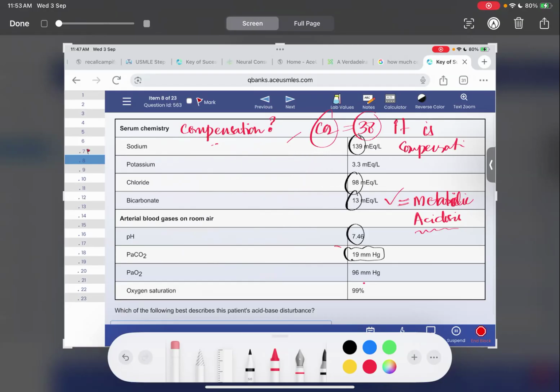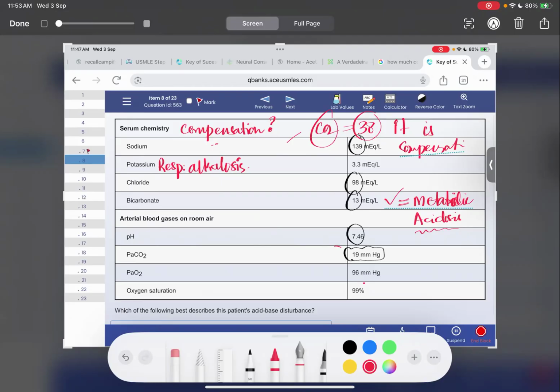What do we have over here? What was our problem in our question? Respiratory alkalosis, right? Now you will understand it easily, okay? So we want to know if the compensation is correct or not.